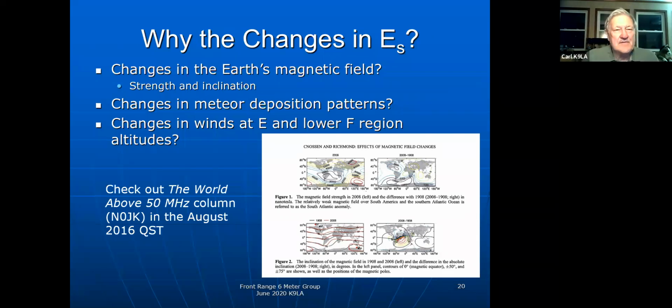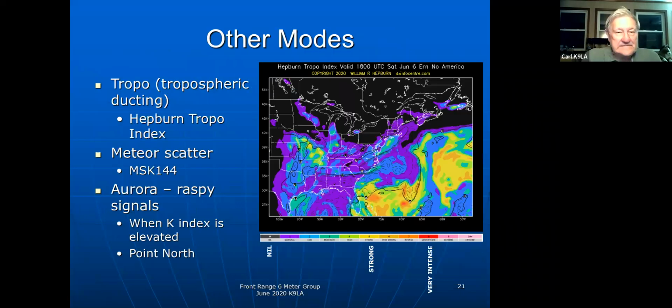How about some other modes? Well, there's tropospheric ducting. That's a picture of the Hepburn Tropo Index. There's meteor scatter. I've never done meteor scatter. I've worked some Aurora when the K index is elevated, and of course you want to point north, kind of northish.